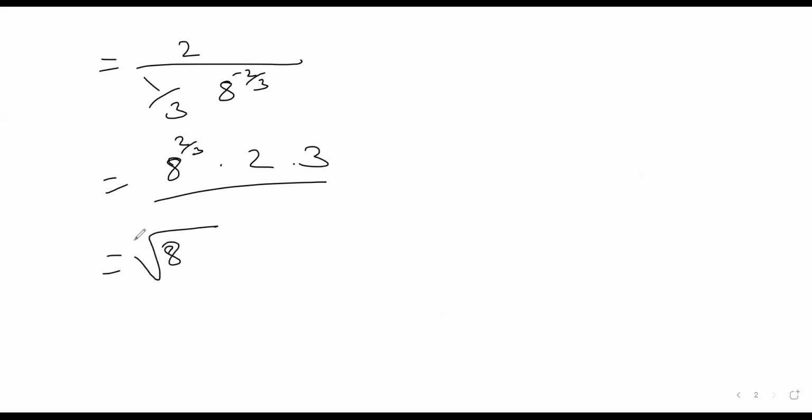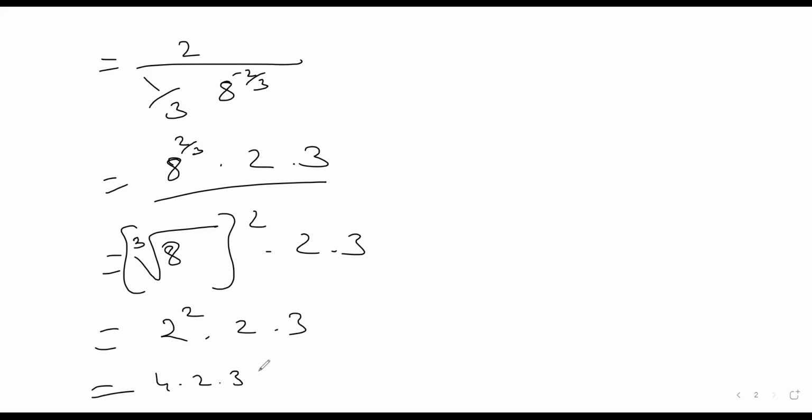Cube root of 8, bracket squared, into 2 into 3. Cube root of 8 is 2, so 2 squared into 2 into 3, that is 4 into 2 into 3. This is your answer.